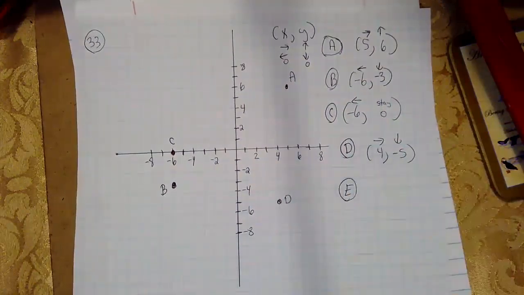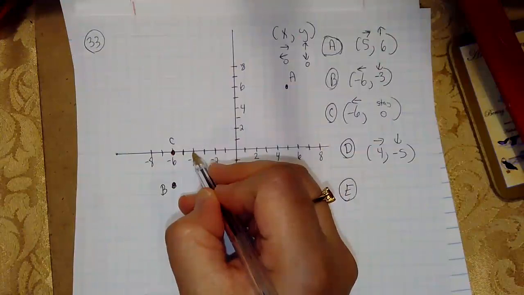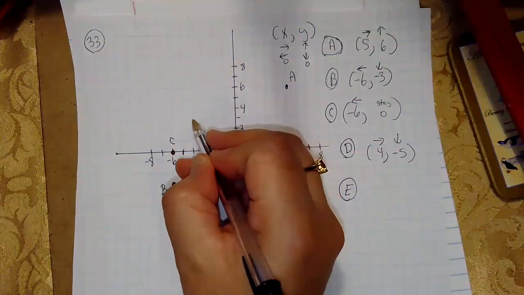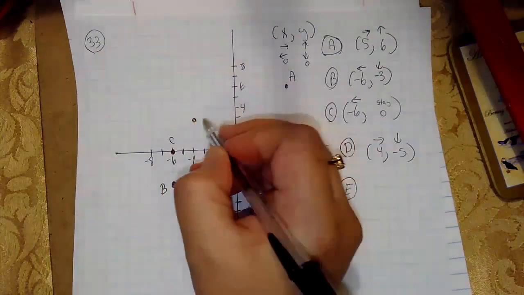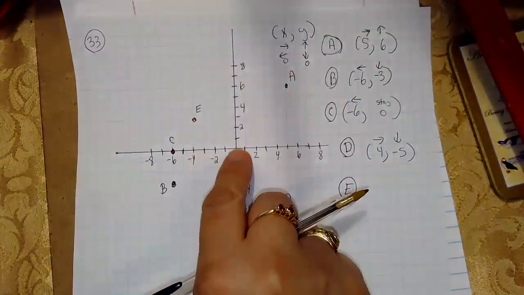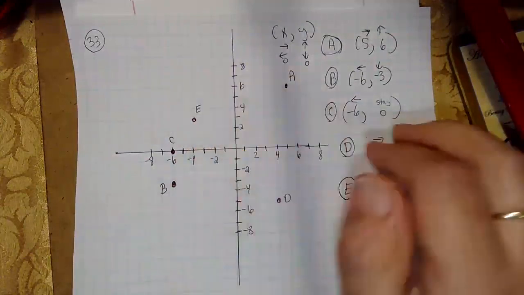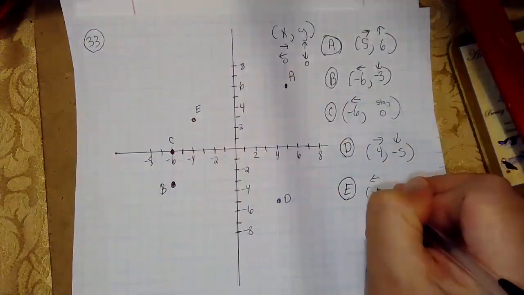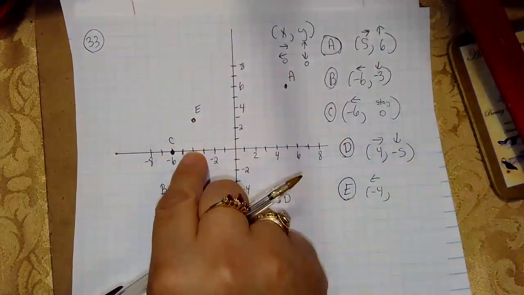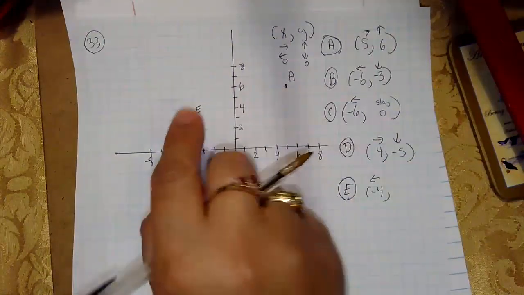And then my E, when it generated, looks like it generated here and then here. So that looks like it started at 0, 0, and then it went in the negative direction to -4, and then it went up to 3.